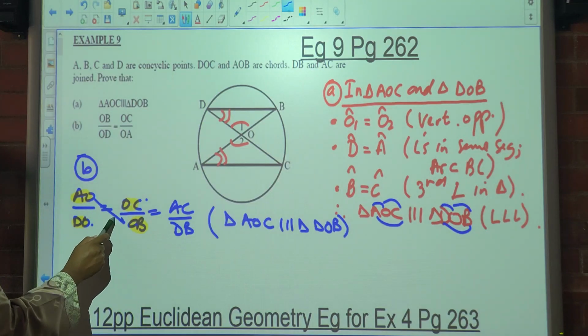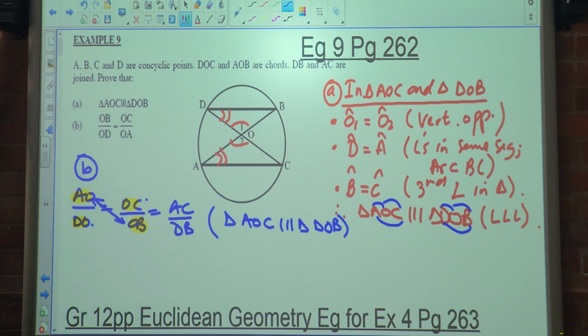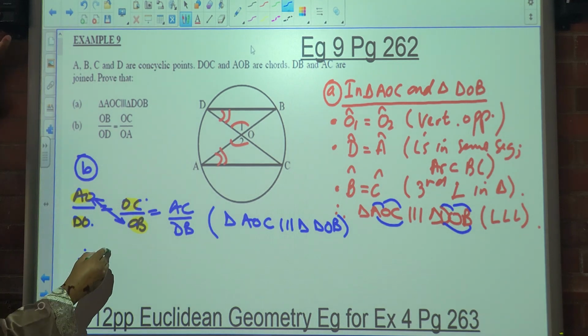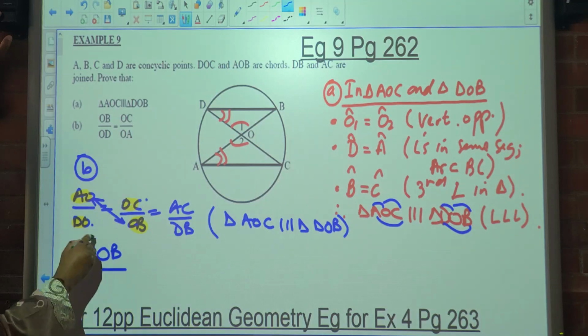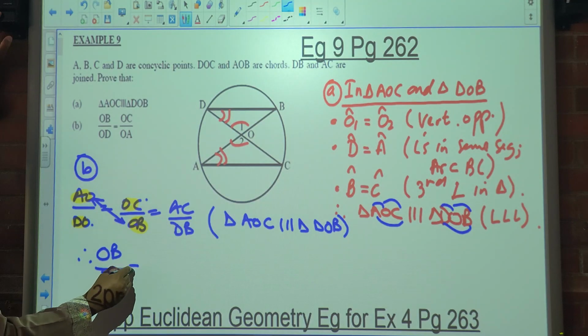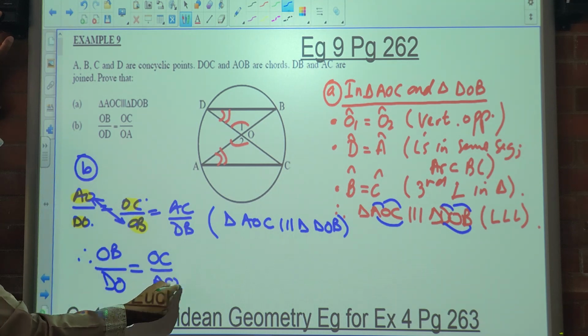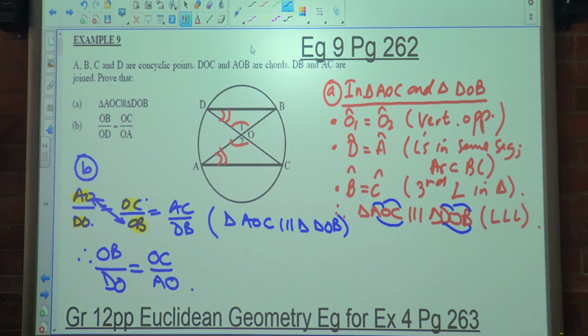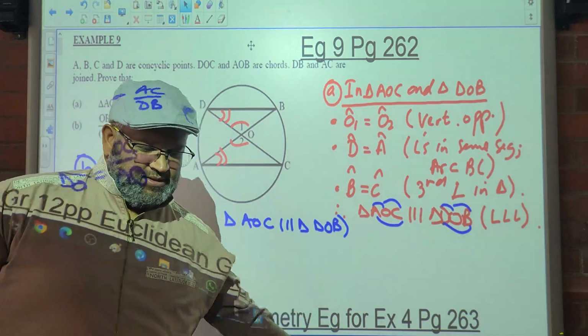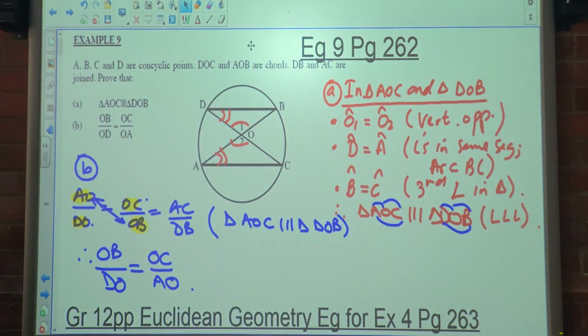So that must interchange. You guys understand? So I can just interchange. Therefore, OB over DO is equal to OC over OA. We have just proven what they want. Any confusion? Not yet. Okay.